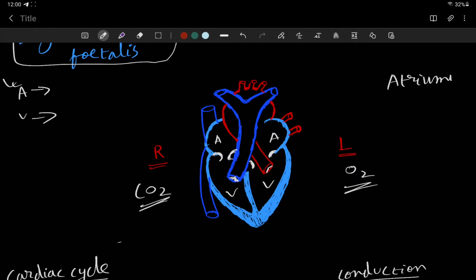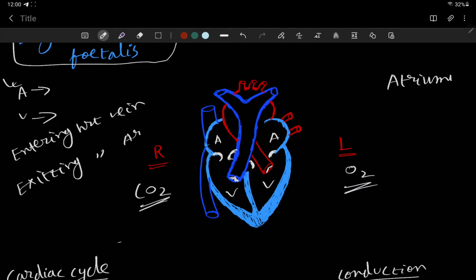Another thing, arteries and veins. Anything that will enter the heart will be called a vein. So entering the heart will be a vein, and exiting the heart will be an artery.